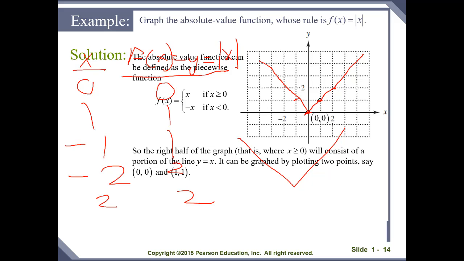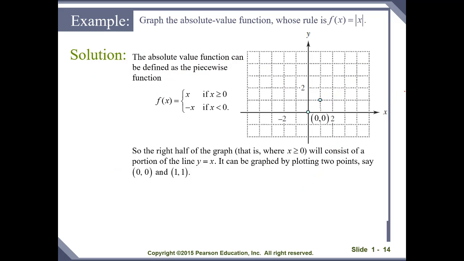So for our specific example here, we have this piecewise function. And absolute value functions can be defined as piecewise functions. So f of x equals x if x is greater than or equal to 0. And f of x equals -x if x is less than 0.